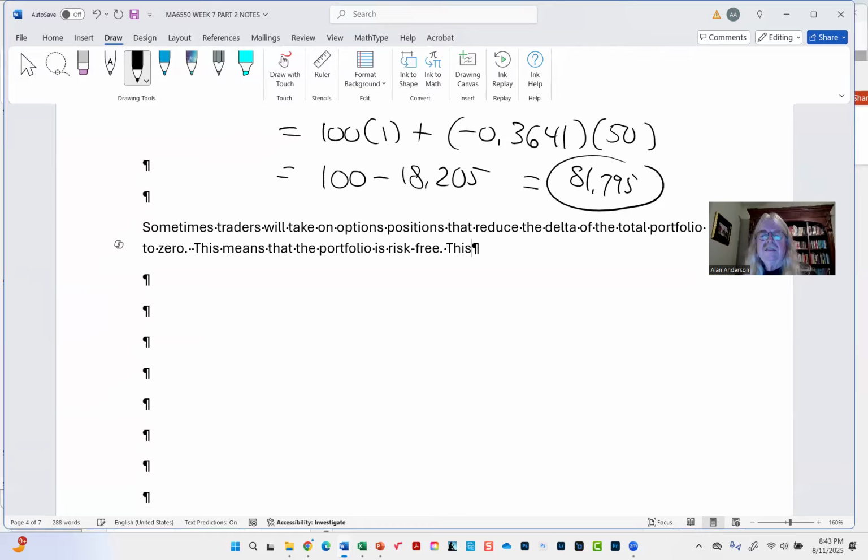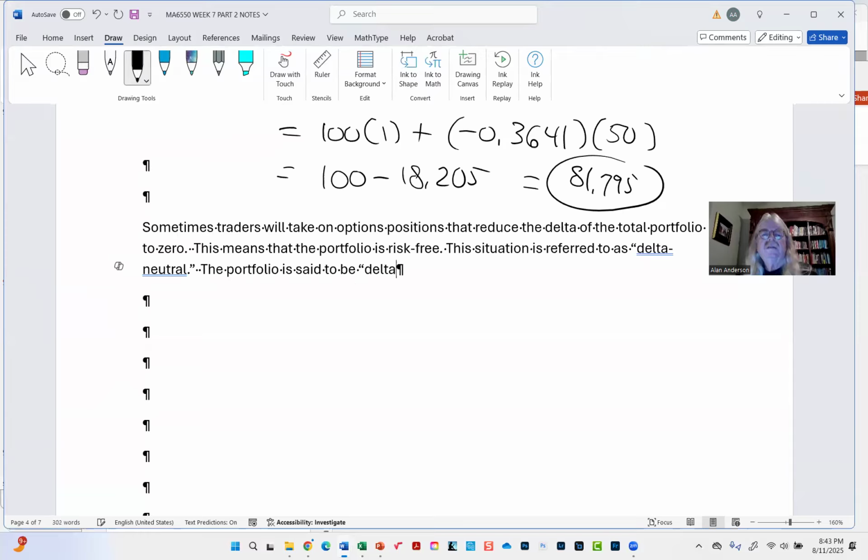So this situation is referred to as delta neutral. In other words, the portfolio is said to be delta neutral when the total portfolio delta, including the options, is exactly zero.